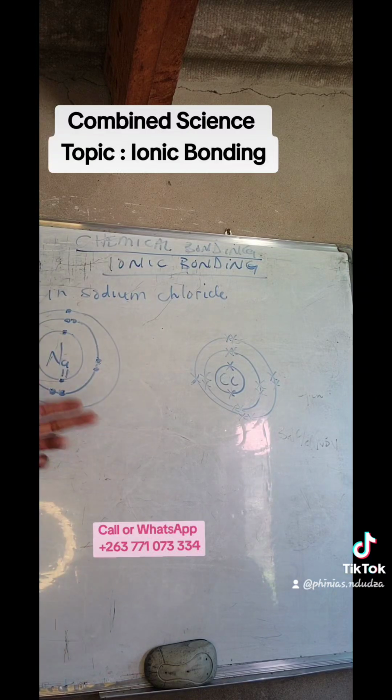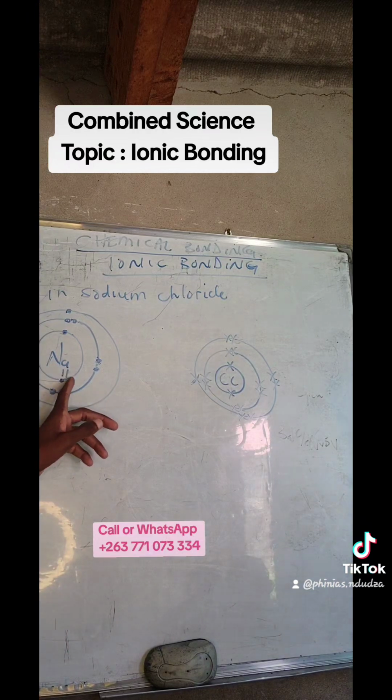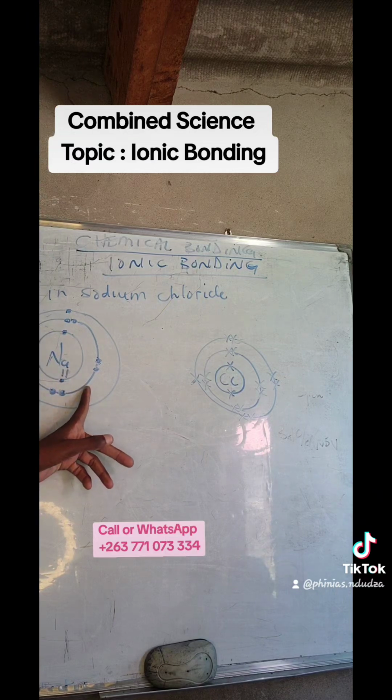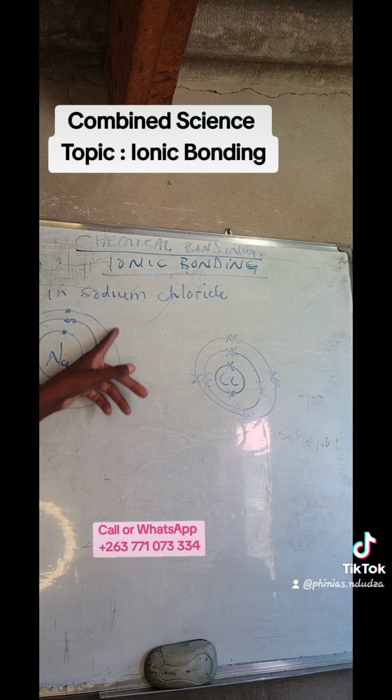So when doing ionic bonding of these elements, sodium has 1 electron in its outer shell. According to the rules of electron configuration, the first shell can contain up to 2 electrons, the second shell up to 8 electrons, then the third shell.